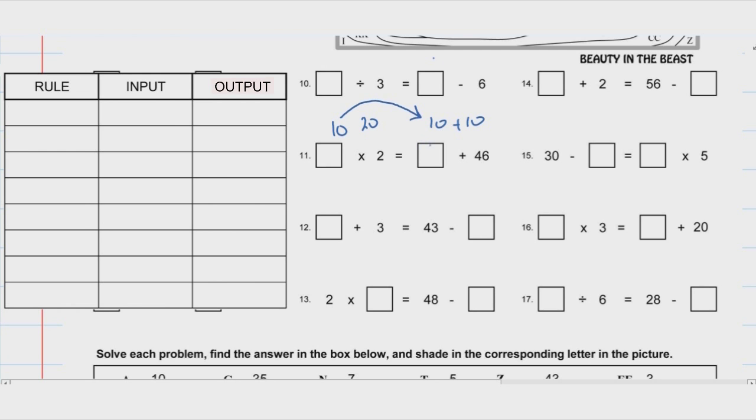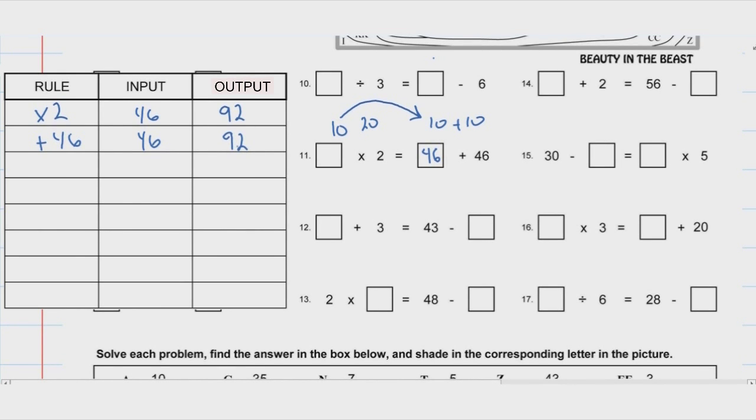My mathematical brain's starting to think. I got it! Wait a sec, so this must be 46 because 46 plus 46 is the same as 2 times 46. So let me put it over here just to make sure. We're timesing 2, we're adding 46. If we put 46 here and 46 here, 2 times 46 is 92, and 46 plus 46 is 92.